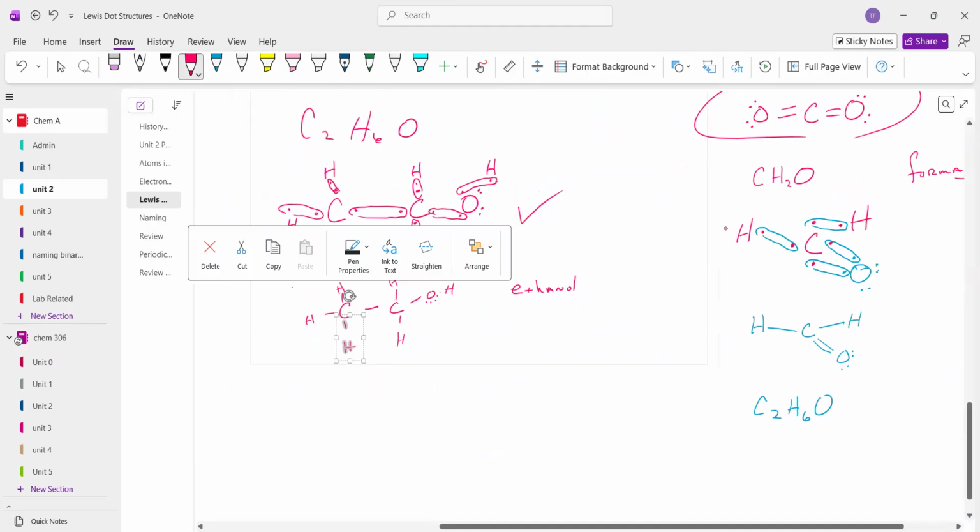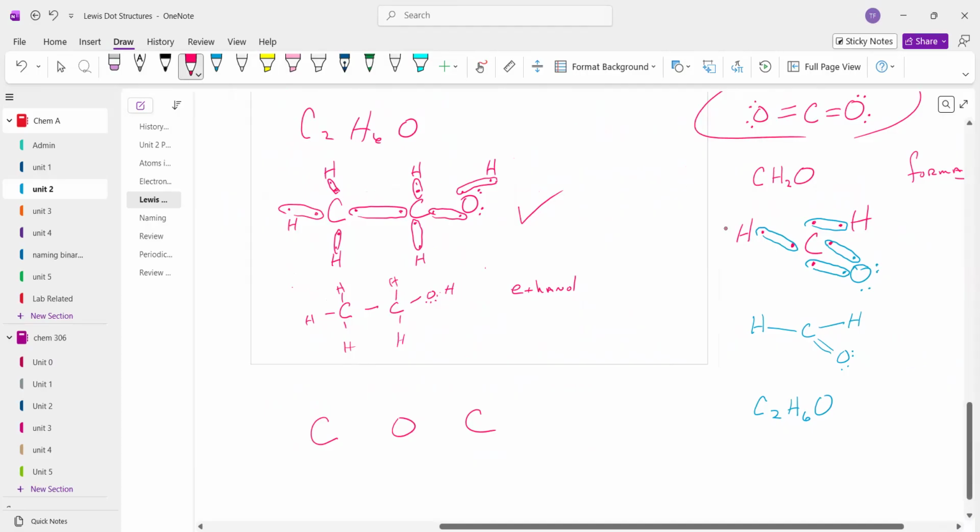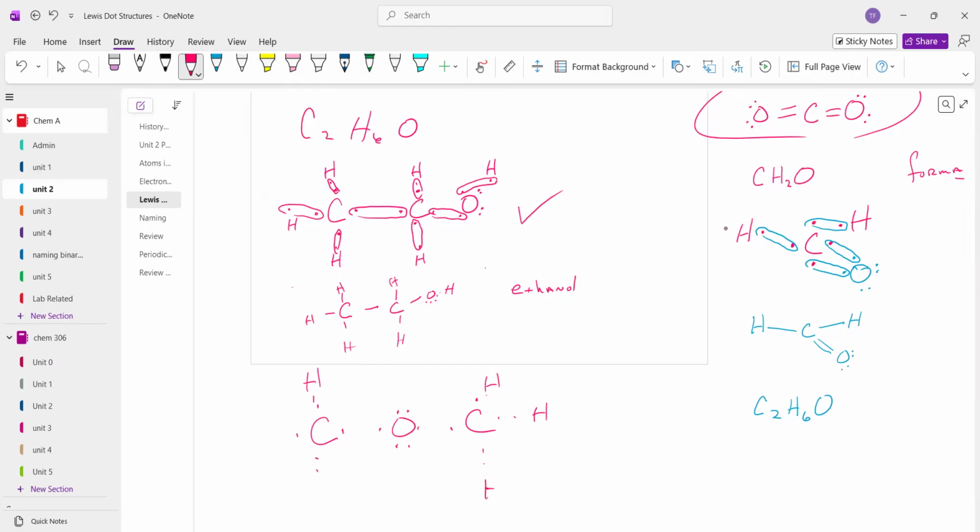Okay, so let's put oxygen in the middle this time. Okay, let's connect everything up. We got one. And then we've got these two. And these.